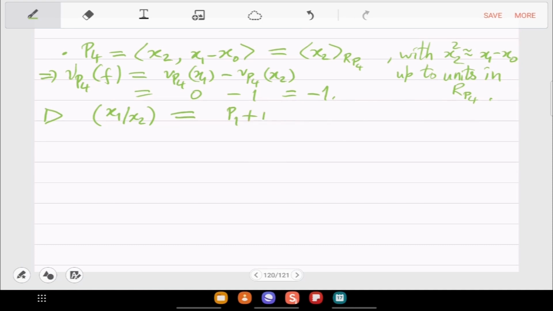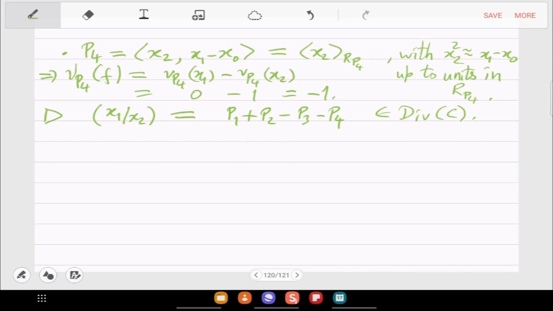It's P1 plus P2 minus P3 minus P4. Okay. Is that clear? That's the divisor in this abstract divisor group in Div C.